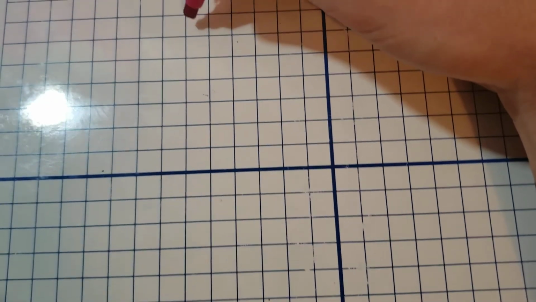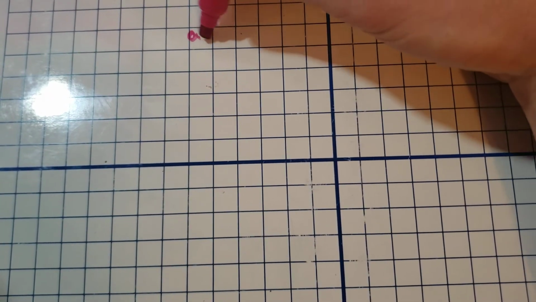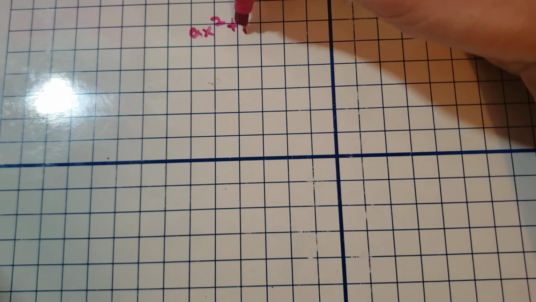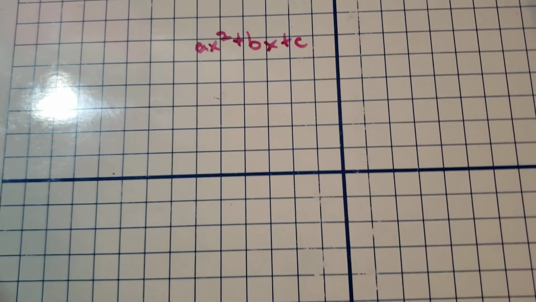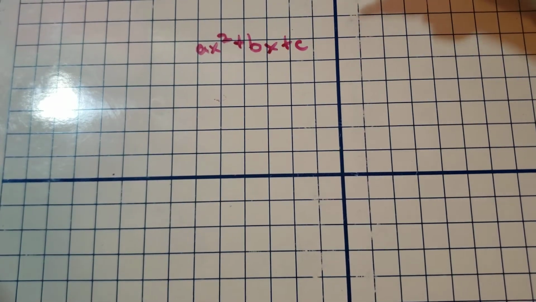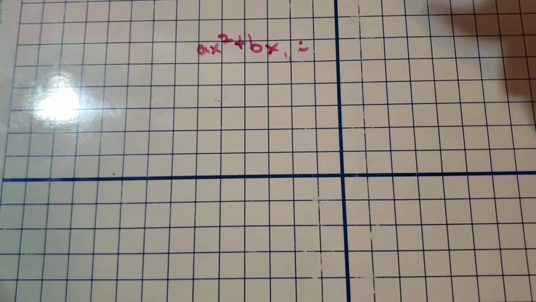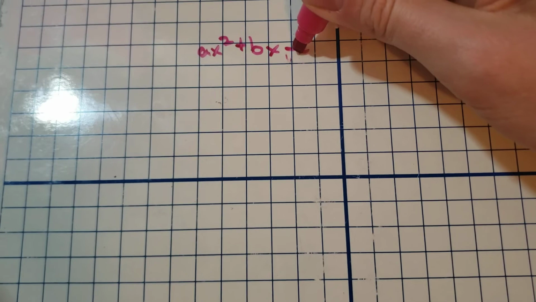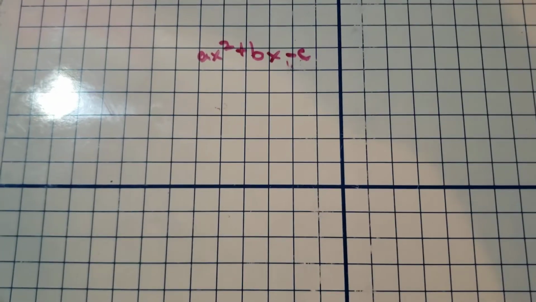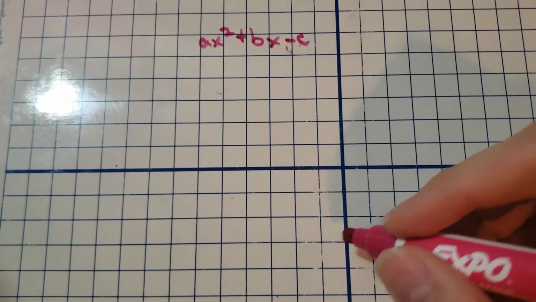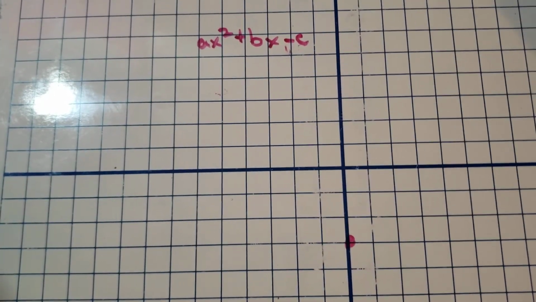So if A, right, we have ax squared plus bx plus c. And if A is positive, but we have a negative sign here, right, because our C is negative, well, that just means that our C is going to be down here somewhere.